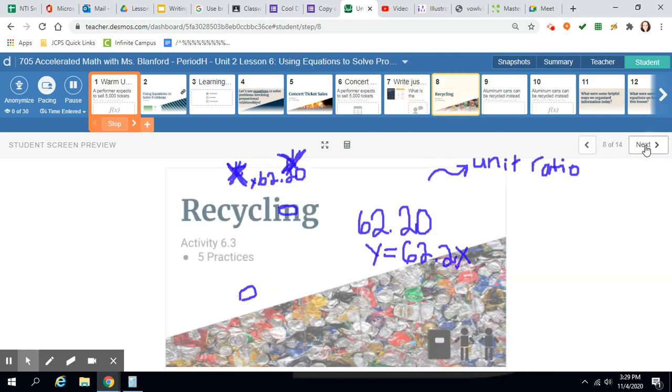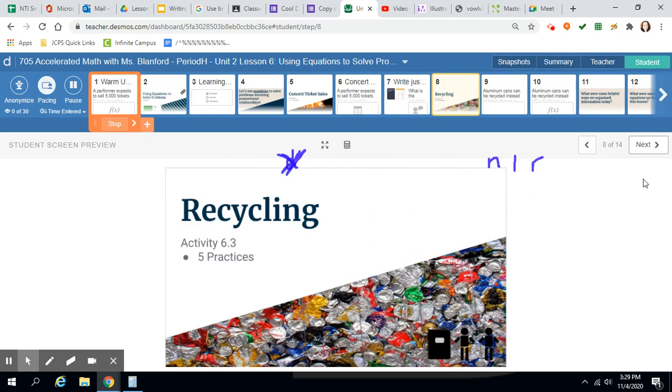So let's see what we come across next. For this part here, we're going to look at a new situation. And in this situation, we're talking about recycling, okay? And we're going to create some equations and see what they say and what they mean about this particular situation.